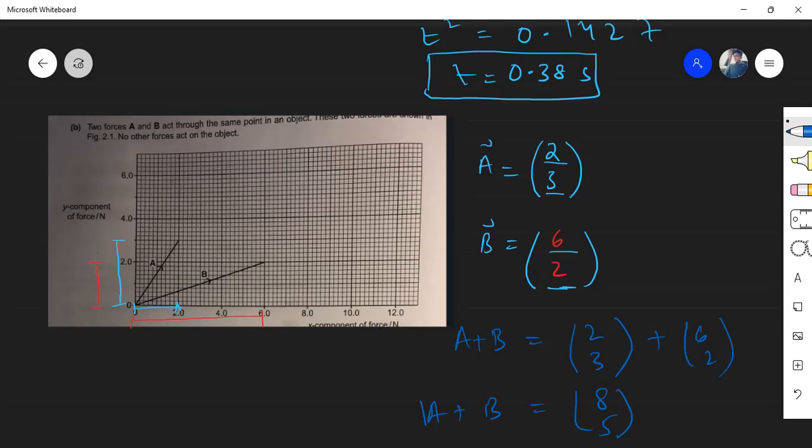So the magnitude of A plus B is the square root of 8 squared plus 5 squared, which is equal to the square root of 40 plus 25, which is the square root of 65, which is equal to 8.06. Wait, where do the 40 and the 25 come from?